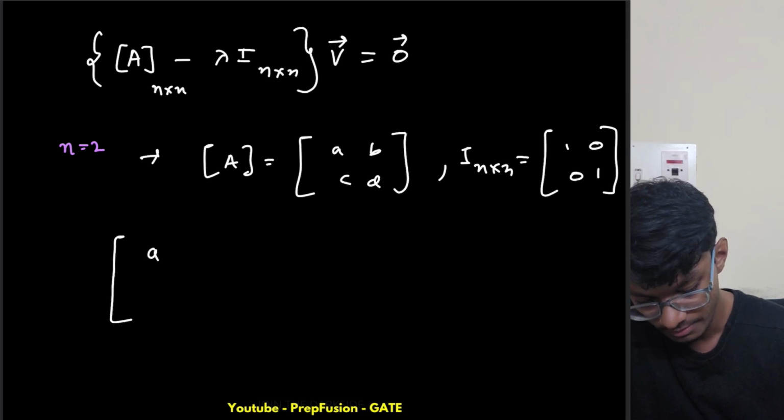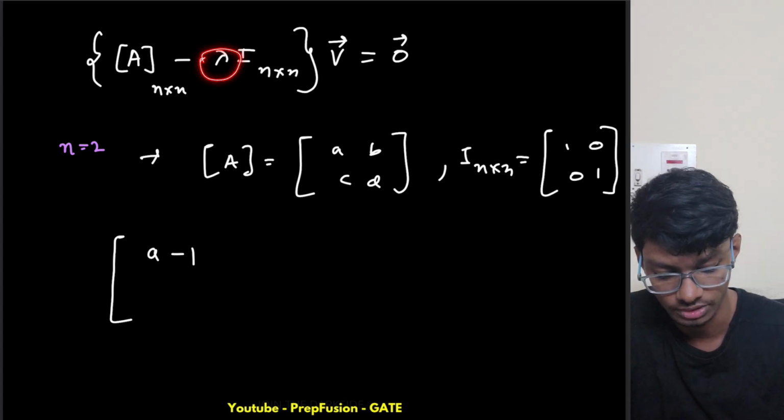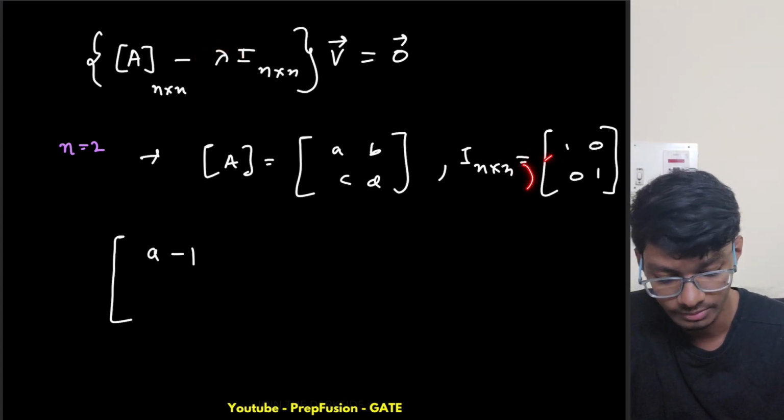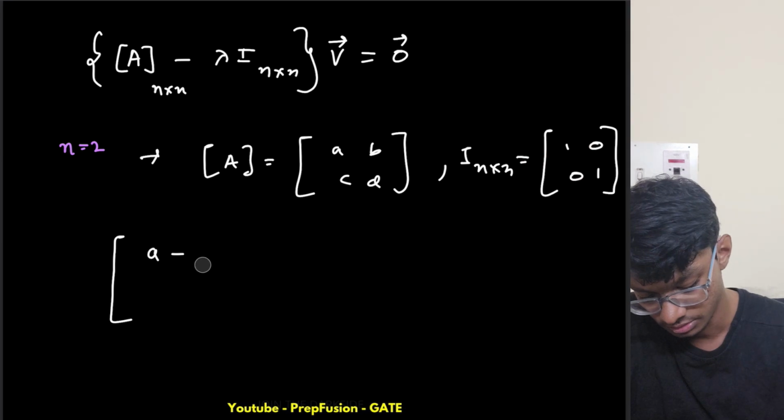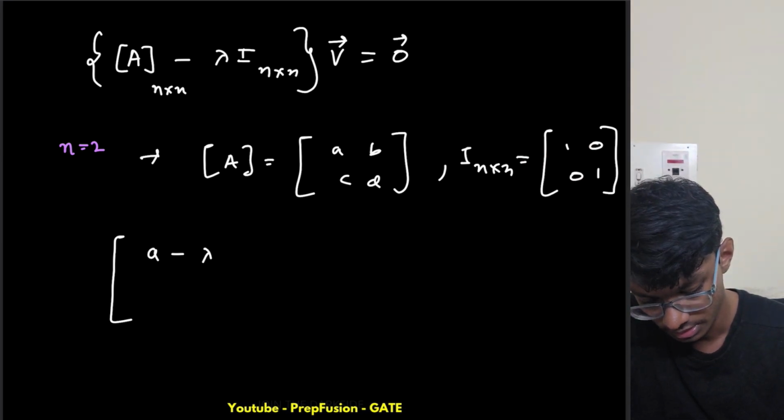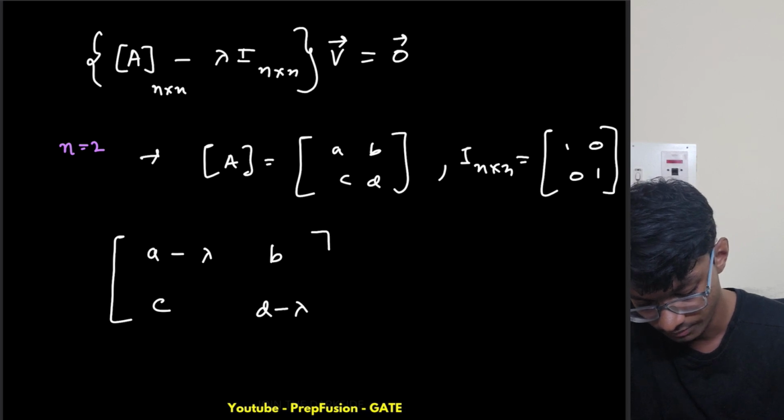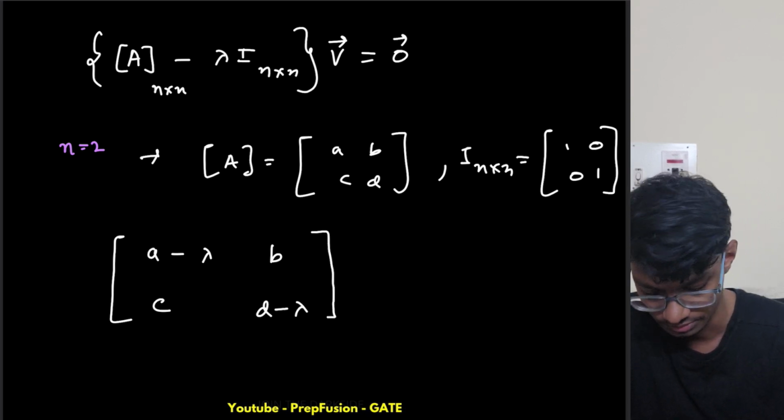Lambda is outside here also, so lambda will get multiplied through all the elements. So this is a minus lambda, and this is b minus 0, this is c minus 0, and this is d minus lambda.